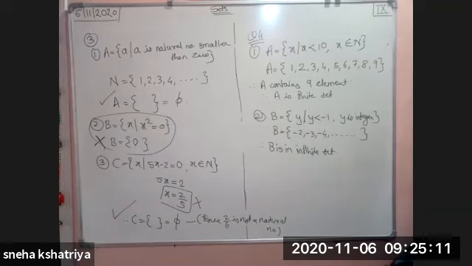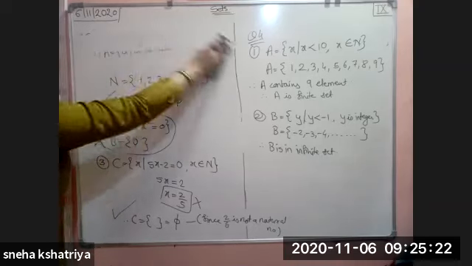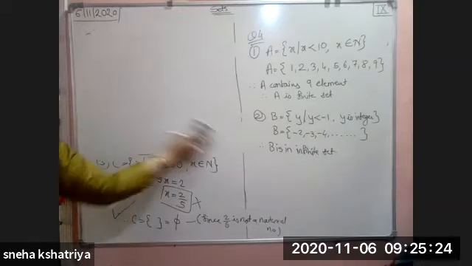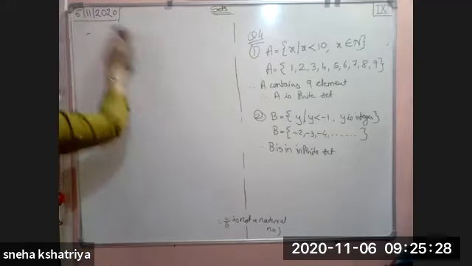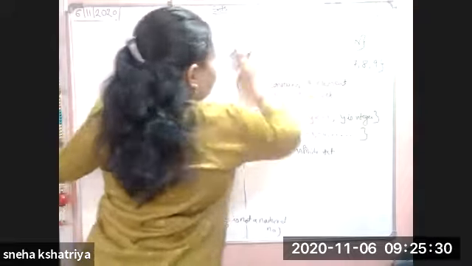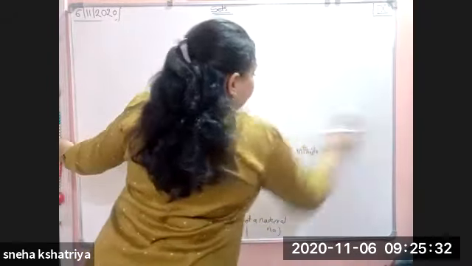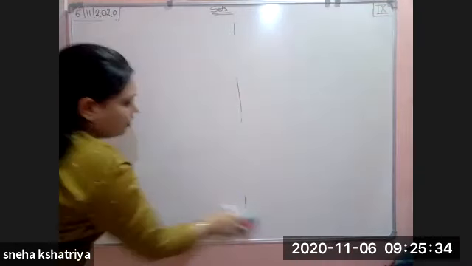Question number 2 is homework for you guys. Just see how we have solved question number 1. According to that, you have to solve question number 2 also. 3 and 4 I have taken here. We will go for the next part. The next is a very important and very interesting part of sets.